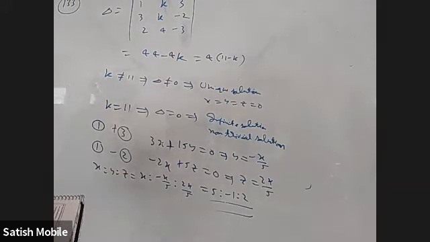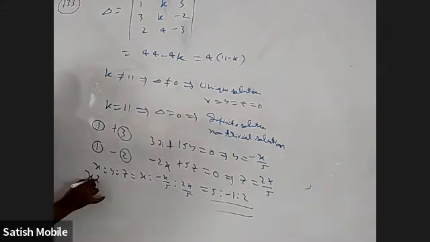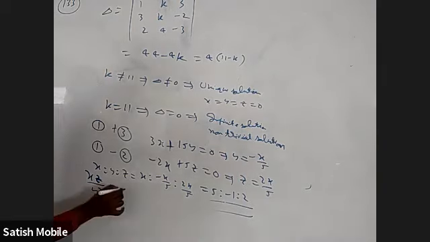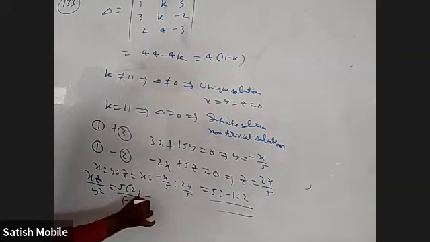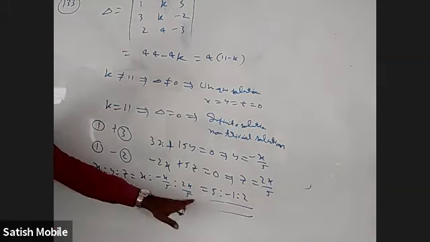But what they want now is xz by y square. x is 5, z is 2, and y is minus 1, whole square. You can take 5k, 2k, minus k whole square. It is 10. Every time it is 10. You don't have to find this ratio also.